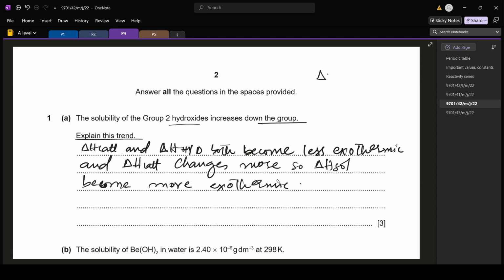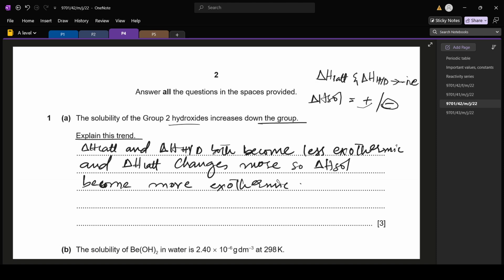The lattice enthalpy and the hydration enthalpy are both negative. They will always be negative, but the enthalpy change of solution could be positive or negative. When the enthalpy change of solution is negative, it means the compound is soluble.